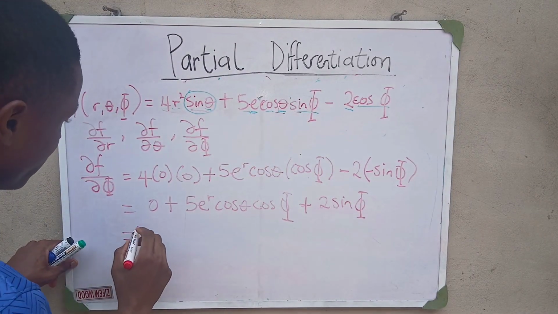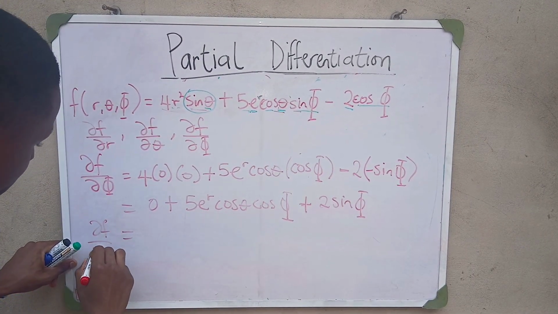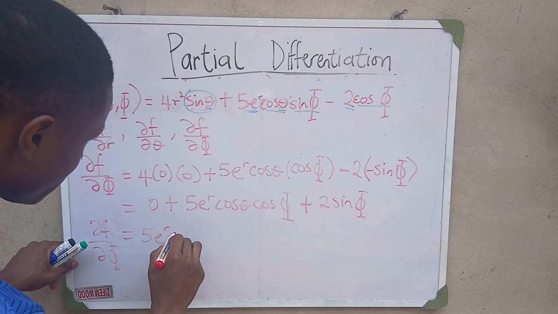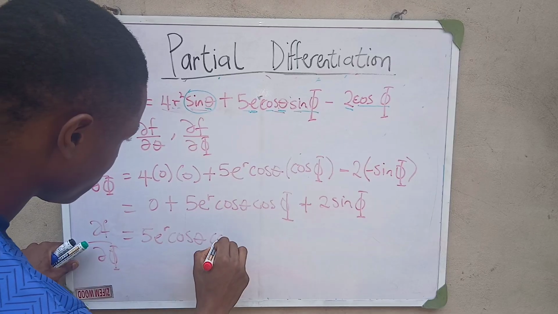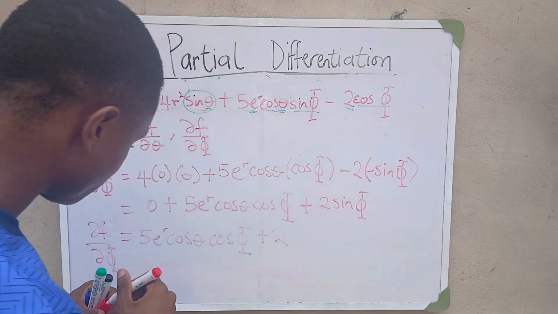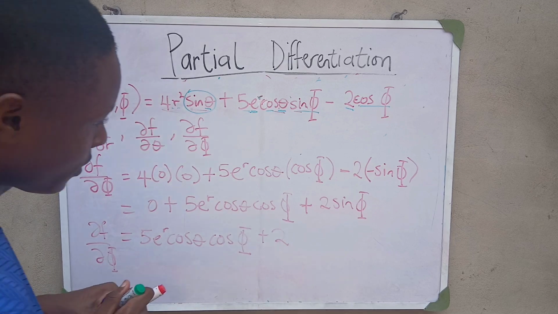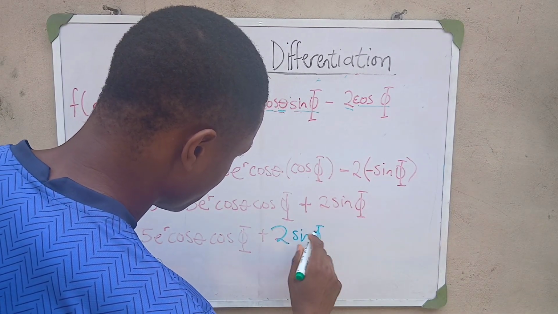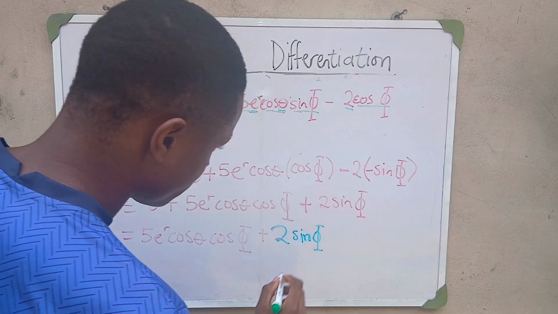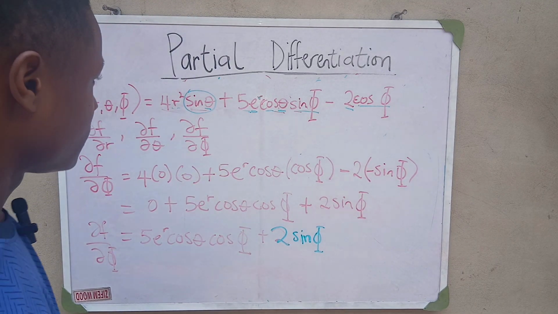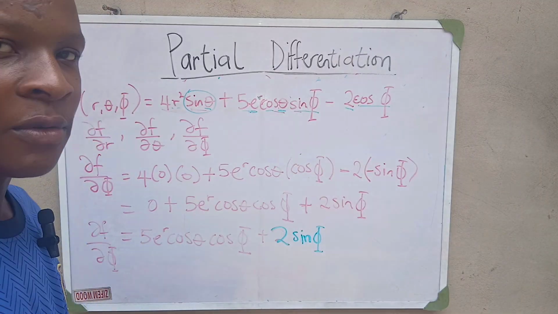So partial f partial psi is equal to 5 exponential r cos theta cos psi plus 2 sine psi. So that's the value of partial f over partial psi.